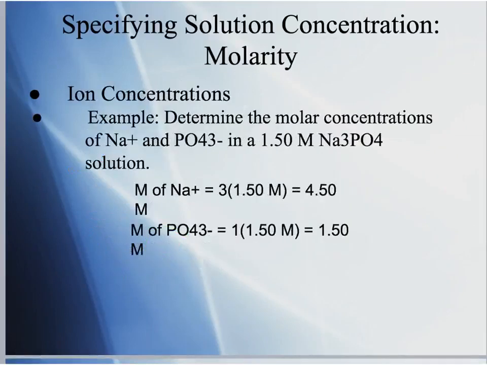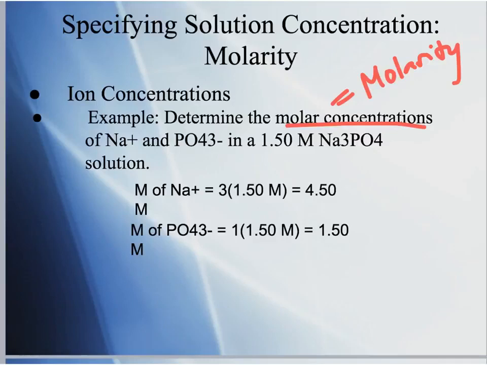So we've got an example. Determine the molar concentration, meaning the molarity. Molar concentration is the same as molarity. So, determine the molarity of sodium ions and phosphate ions in a 1.5 molarity sodium phosphate solution.